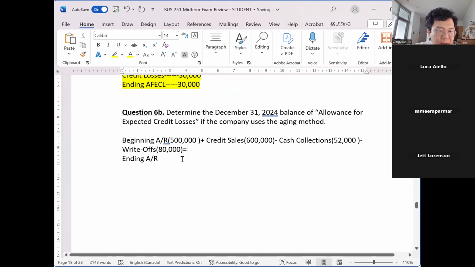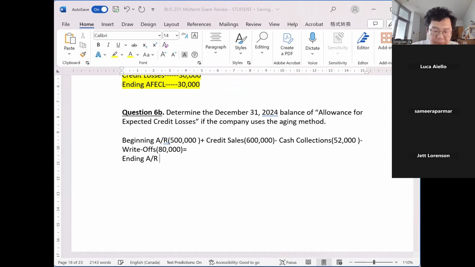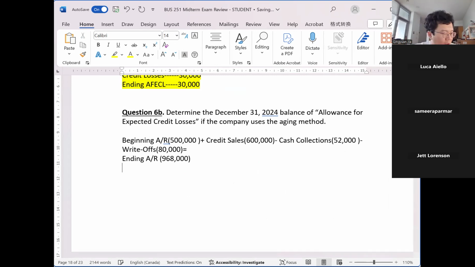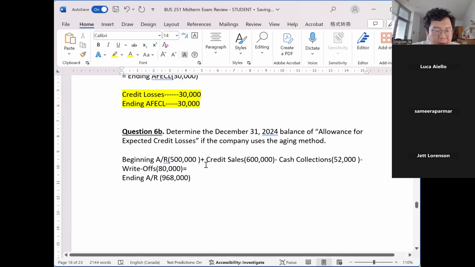So we have the ending account receivable, which is 896,000, and it is said that this is the ending account receivable.